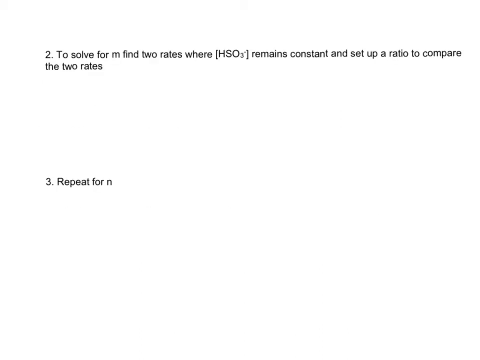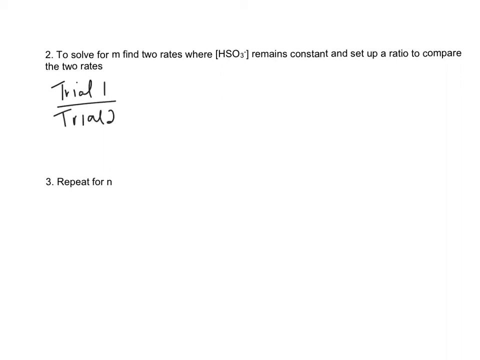So, to solve for m, I have to use trial 1 and 2 because that's where the hydrogen sulfite stays constant. And I'm going to compare trial 1 to trial 2.